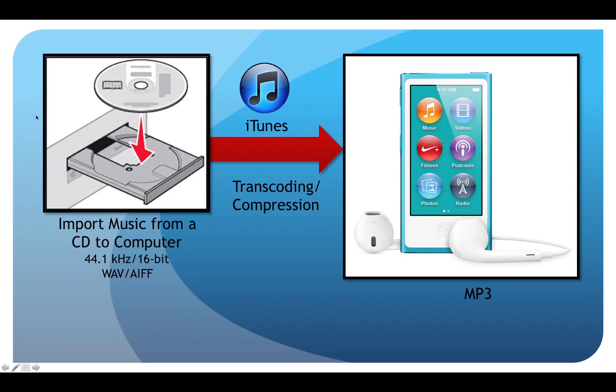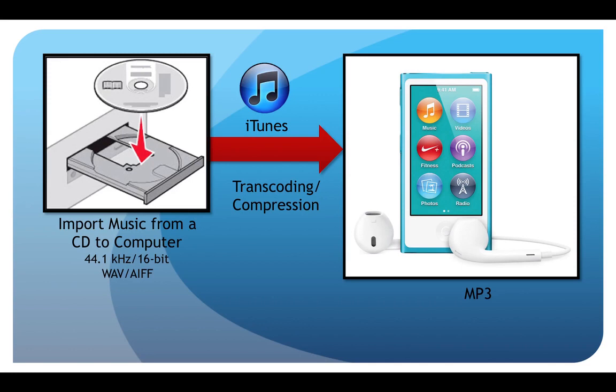So over here on the left, as the CD goes into the computer, it goes in as either a WAV or an AIFF file encoded at a 44.1 kilohertz sampling rate at 16-bit bit depth. It then goes through the iTunes transcoding engine, where iTunes compresses that music down, often by a factor of 10 to 1. So the output is going to be a file size that's roughly 1/10 of the original.